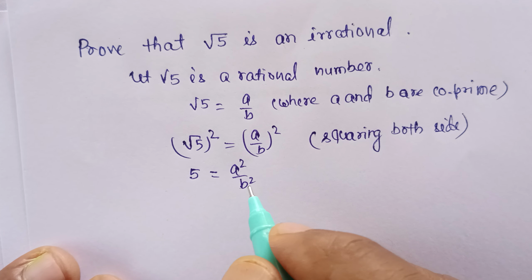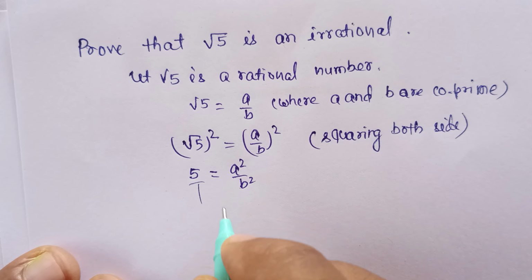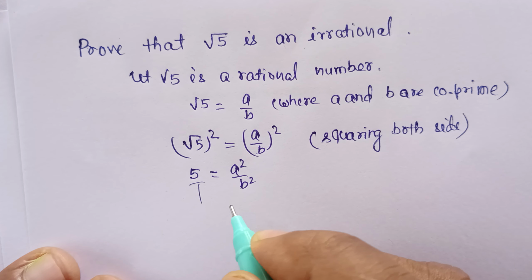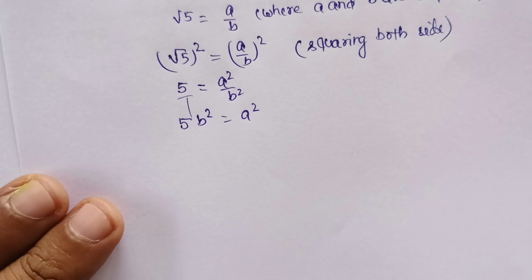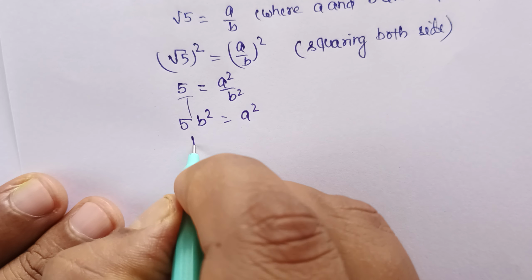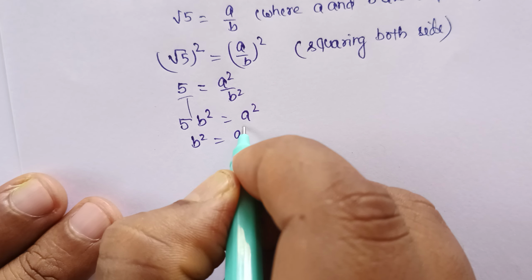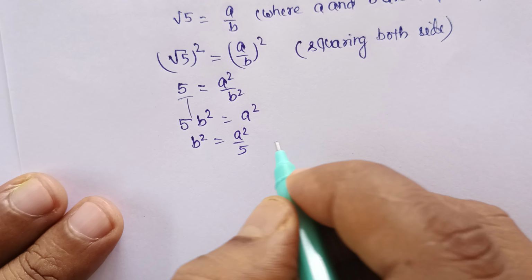Now I am doing cross multiplication. So you will get 5b square is equal to a square. It means b square is equal to a square by 5.